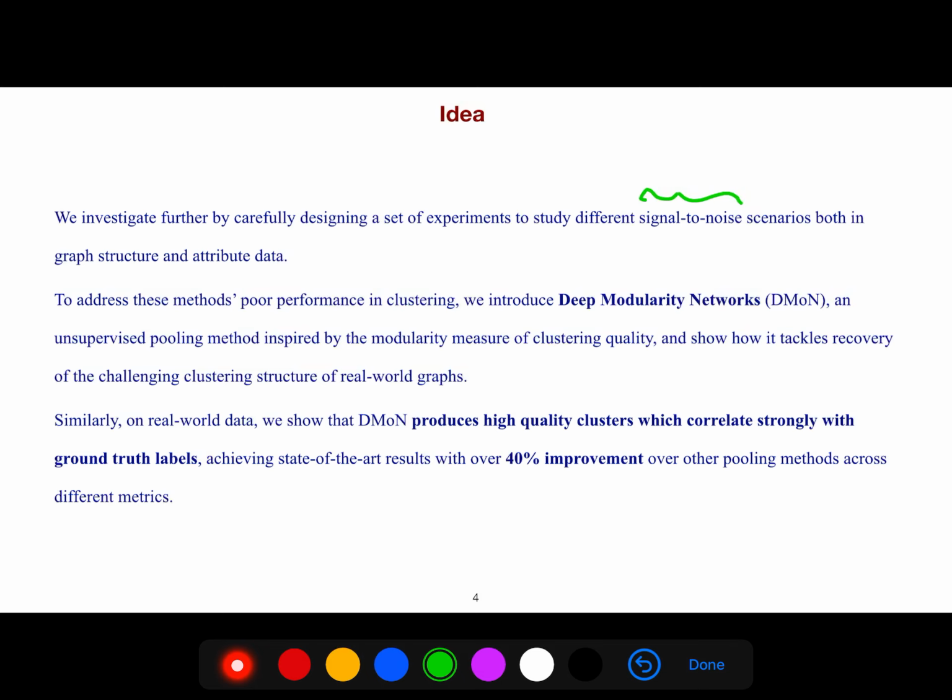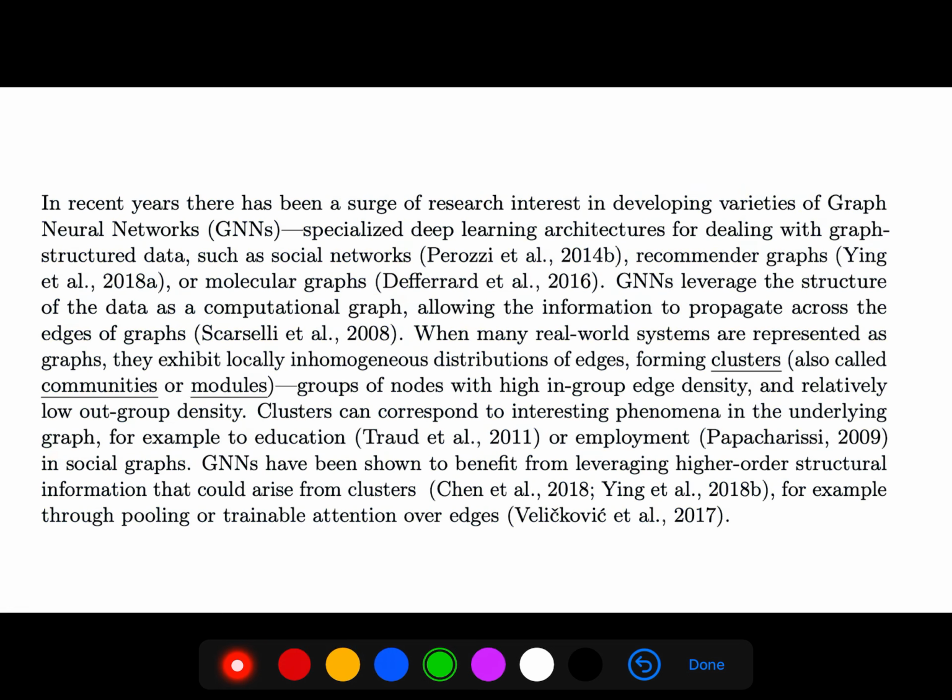Similarly, we showed that DMoN produces high-quality clusters, which correlate strongly with ground truth labels, achieving state-of-the-art results, over 40% improvement over the other pooling methods across different metrics.